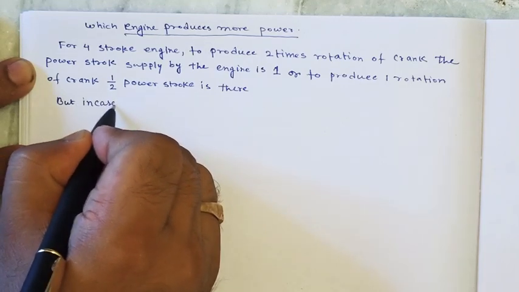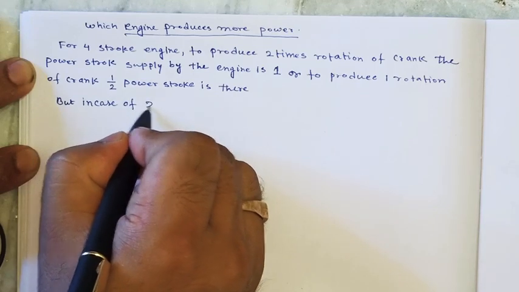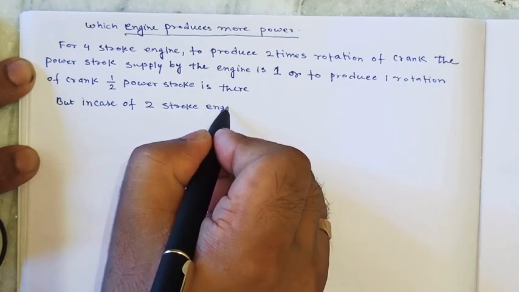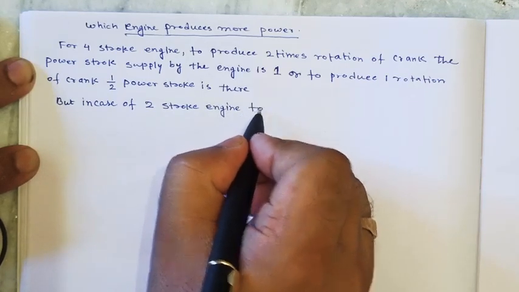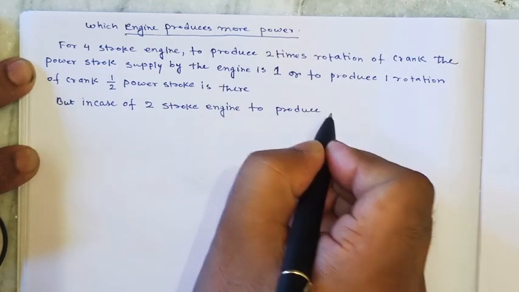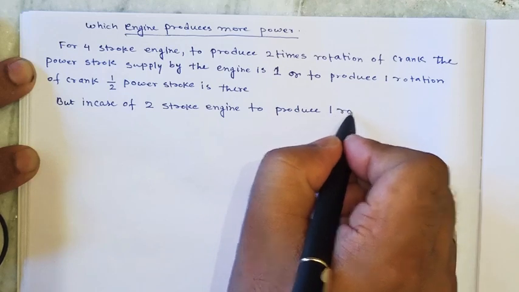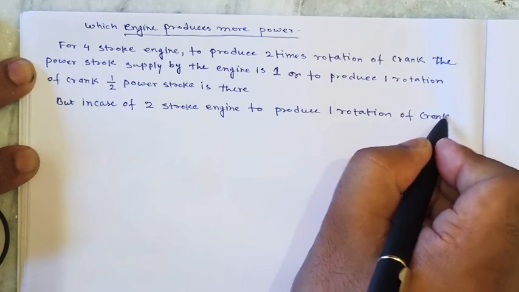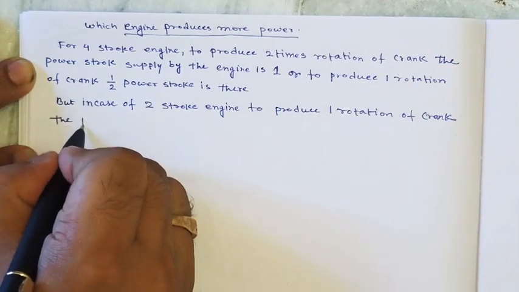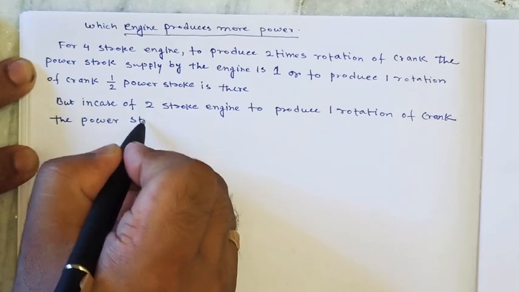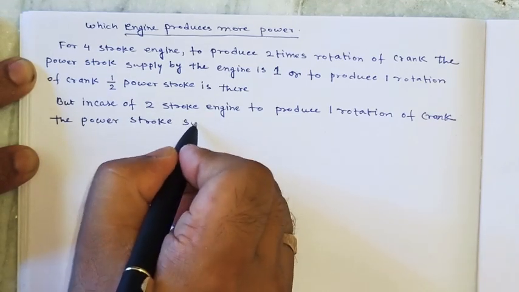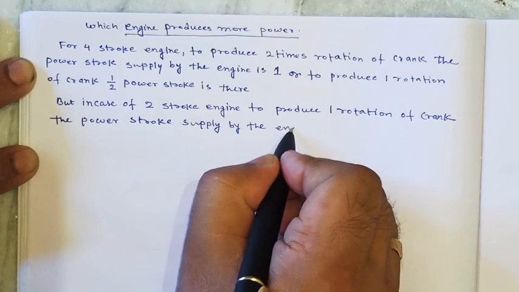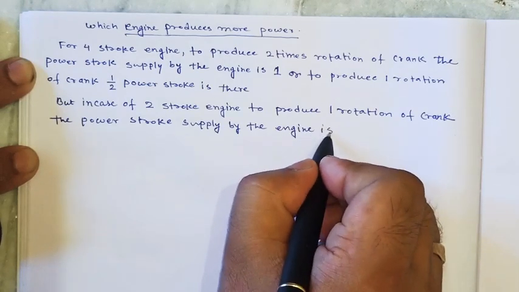But in case of the 2-stroke engine, to produce 1 rotation of crank, the power stroke supplied by the engine is 1.